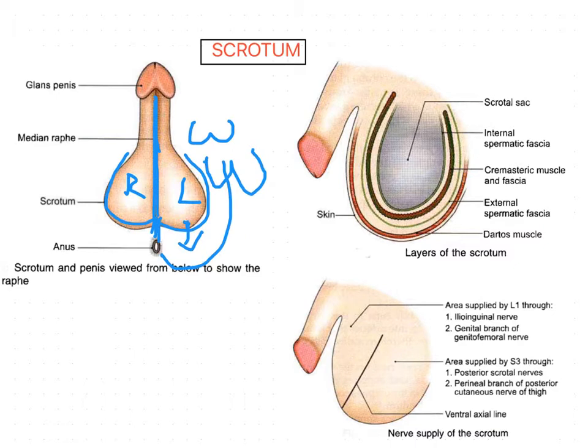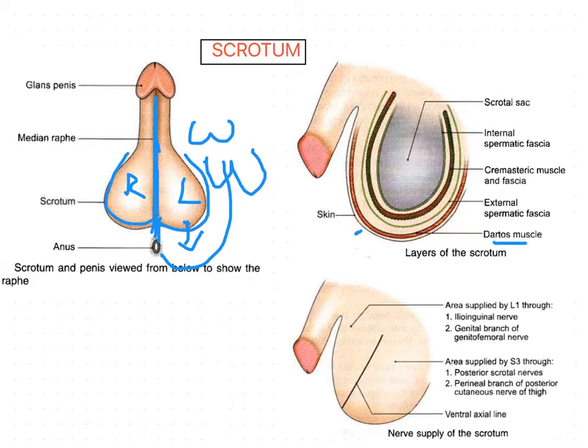Now we will see the layers of the scrotum. Externally, it is the skin, which is continuous with the abdominal skin.